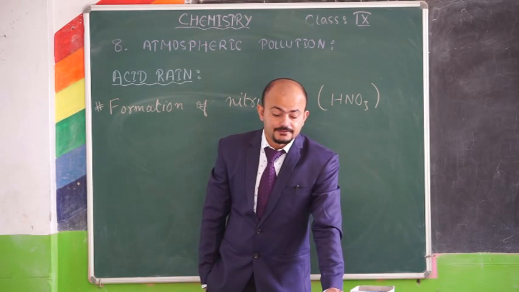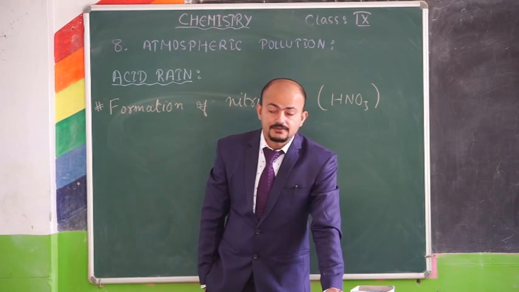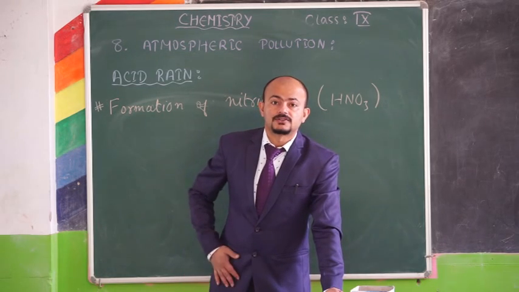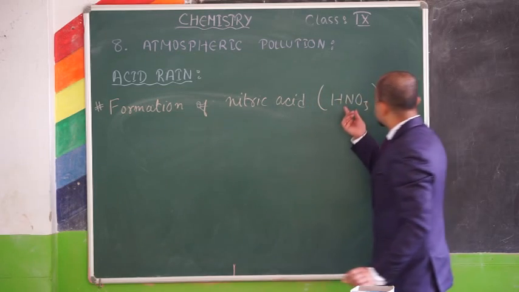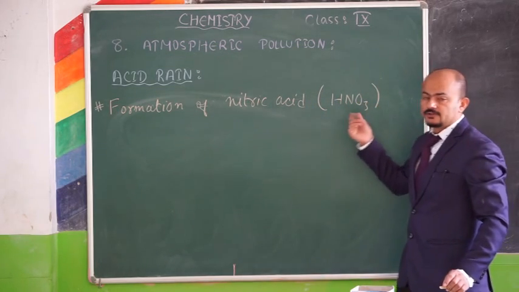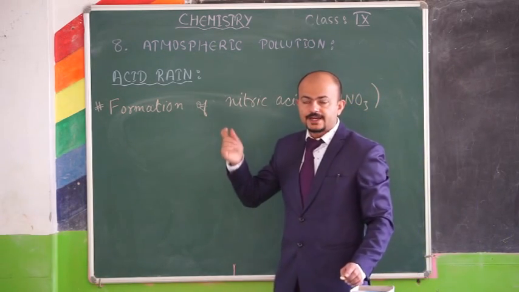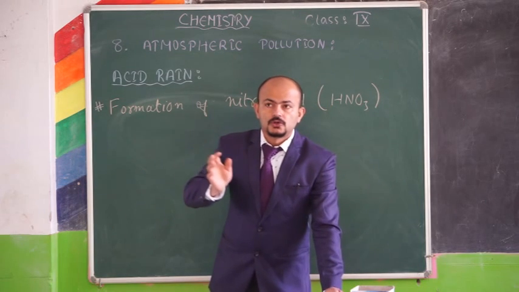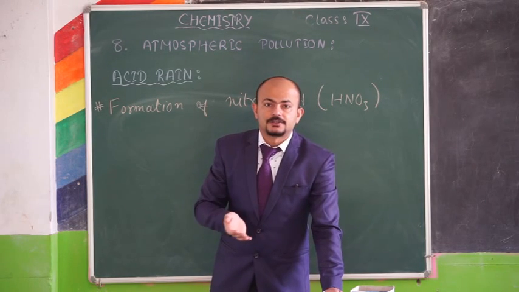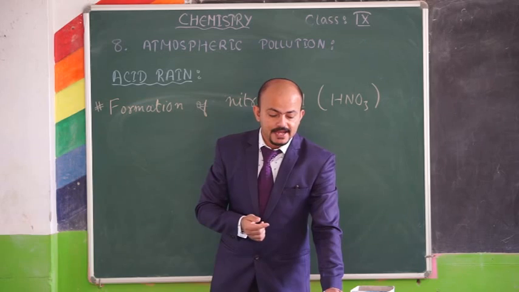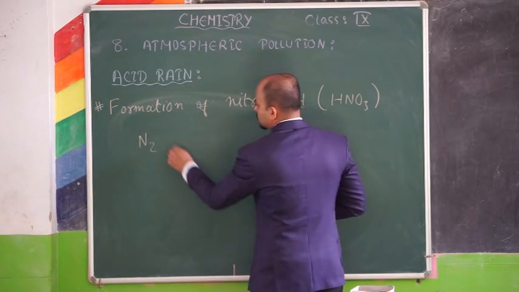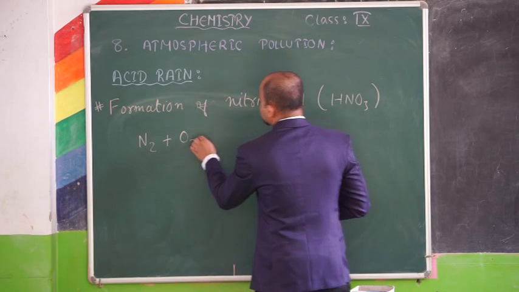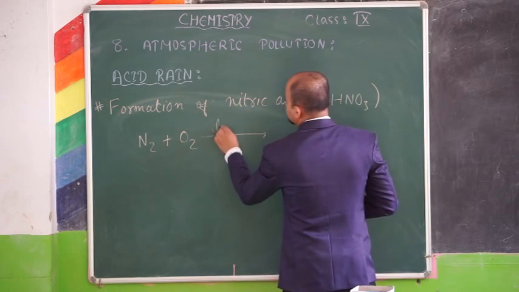Nitric acid is formed by the combination of nitrogen and oxygen. So you know it, nitric acid contains nitrogen and oxygen. So it is formed by the combination of nitrogen and oxygen. So during lightning, what happens? Nitrogen is present in the atmosphere. So nitrogen present in the atmosphere combines with oxygen during what? Lightning.